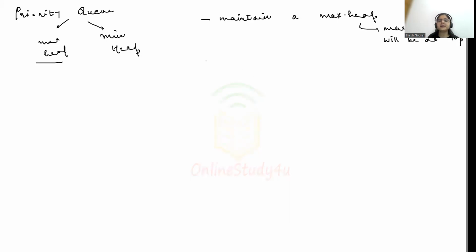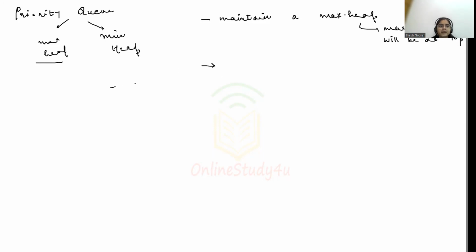After maintaining a maximum heap, I can take out the element which is maximum, at the top of the queue, then divide it by 2 and insert it back into my queue. What does this mean?